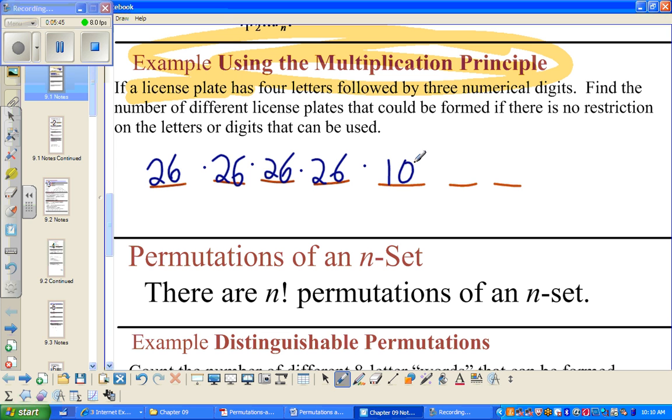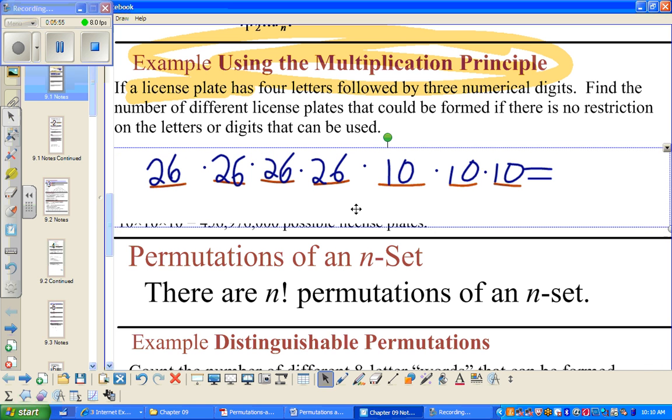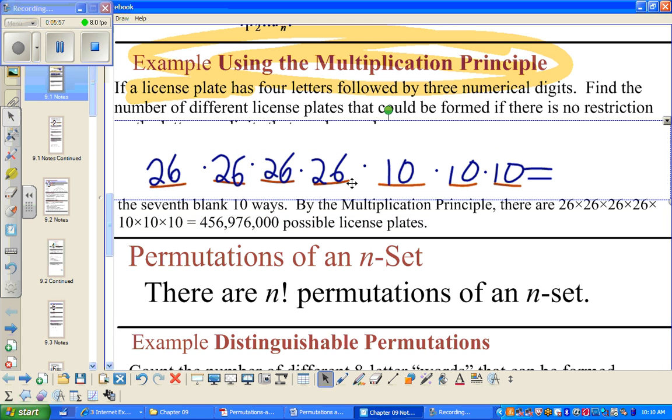So you multiply times 10, times 10, times 10. That answer would be how many different license plates you could form under that scenario. And then if you want that answer, it's a lot. You got 456,976,000 different possible license plates.